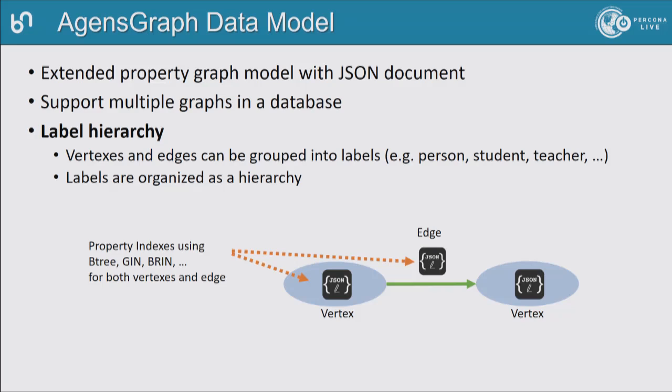And we introduce label hierarchy for the property graph model so that you can organize these vertex and edge labels in a hierarchy. AgensGraph supports multiple graphs, so you can make several graphs in a database.